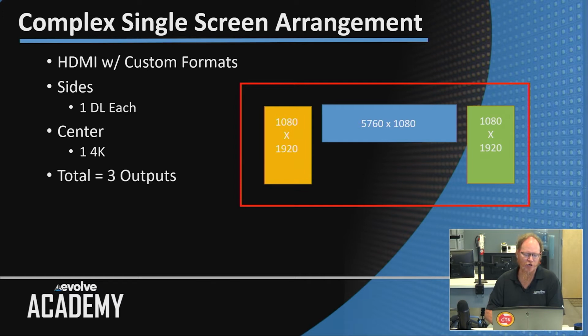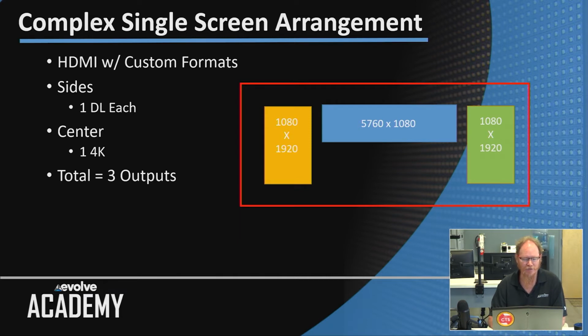So if we go to HDMI and we use custom formats, the sides can be 1 dual link connector each, and the center is 1 4K connector. So the left and right sides at 1920 tall go from needing a 4K capacity to needing a dual link capacity.